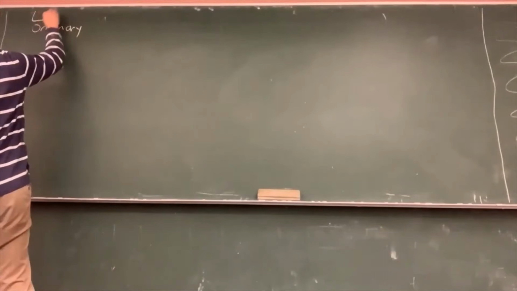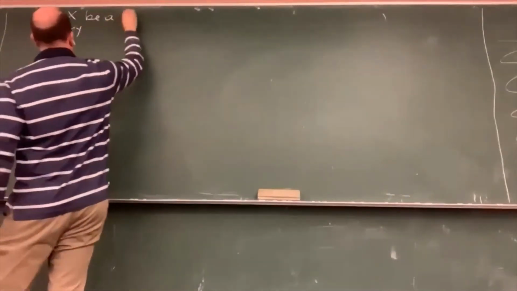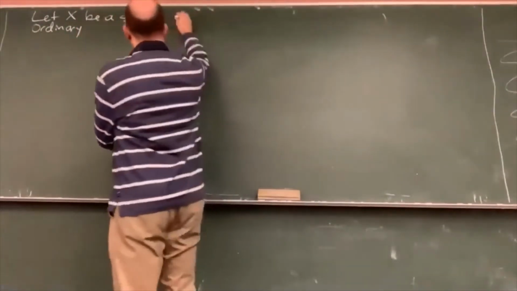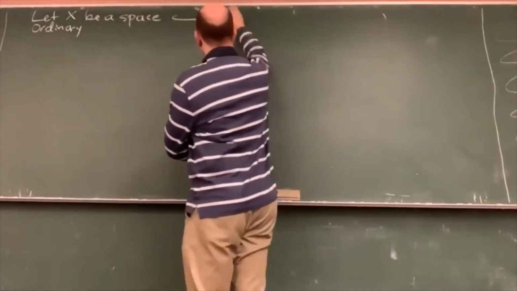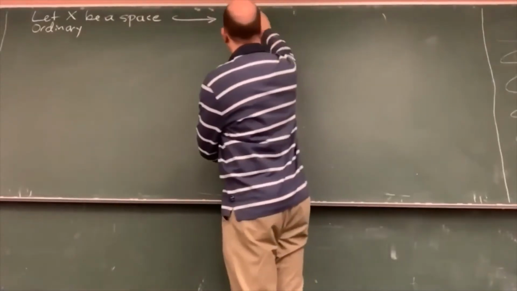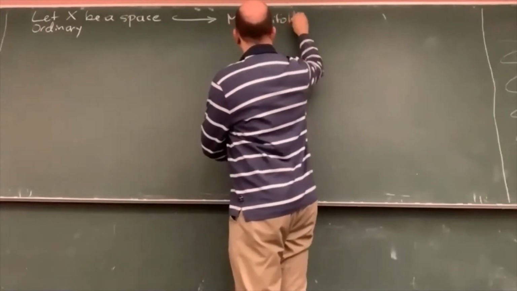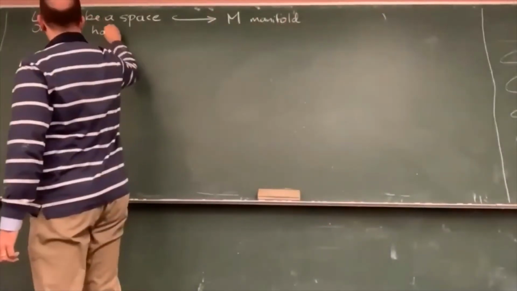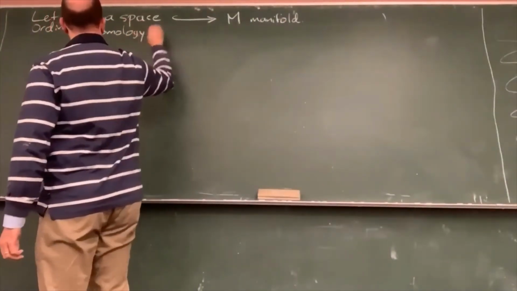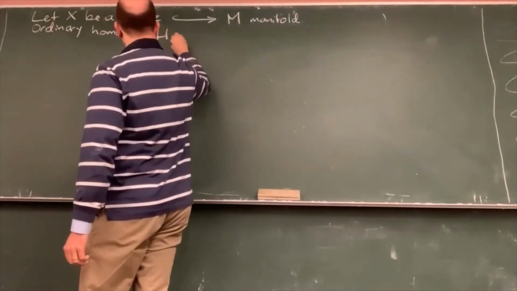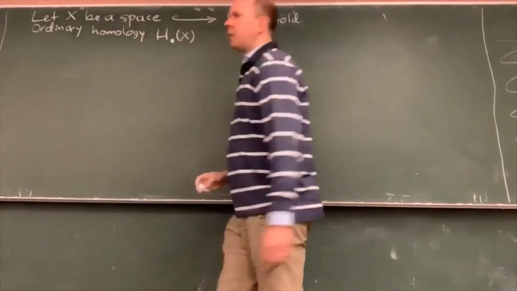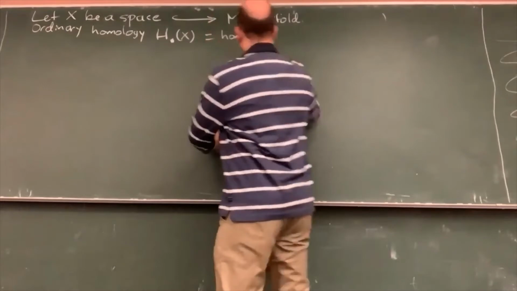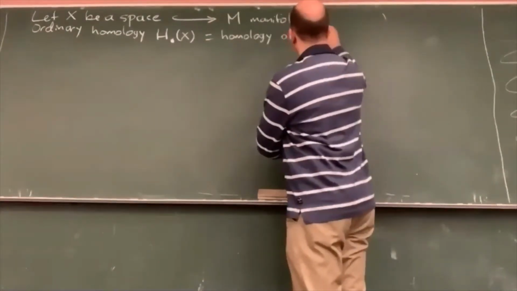Let X be a space, and for some things later, I'll need the embedding of X in a manifold N, but not at first. So the ordinary homology H dot of X is, by definition, the homology of the chain complex of singular chains.